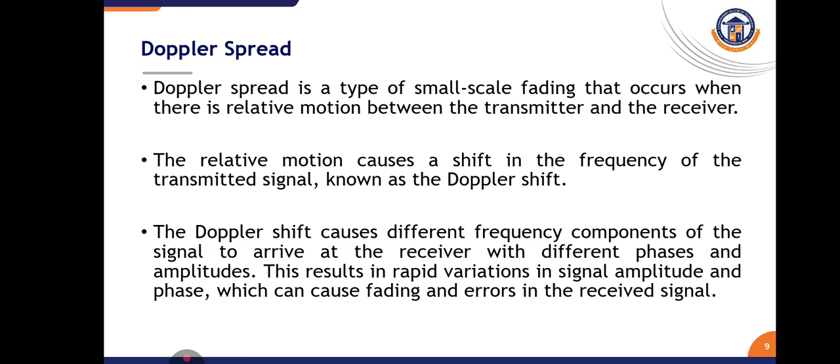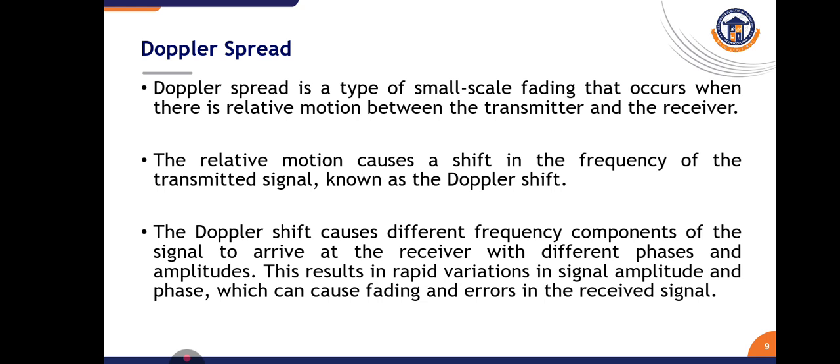So Doppler spread is the measure of the rate of change of the Doppler shift, and it determines the time varying characteristics of the channel. A higher Doppler shift indicates a faster time variation in the channel, while a lower Doppler shift indicates a slower time variation.